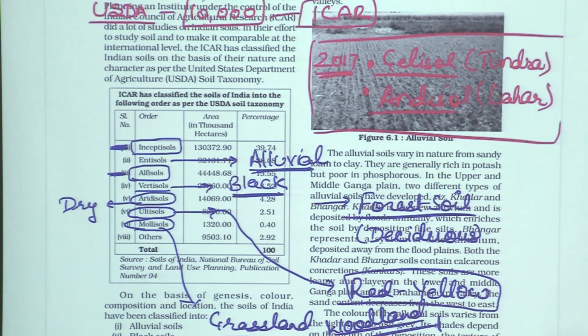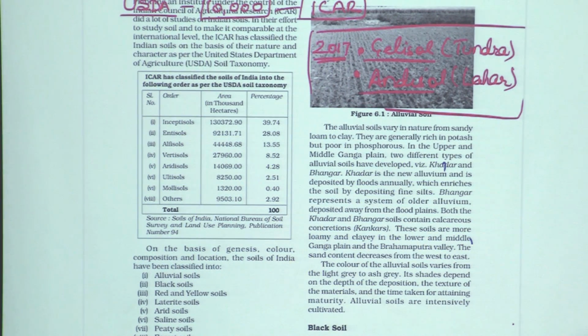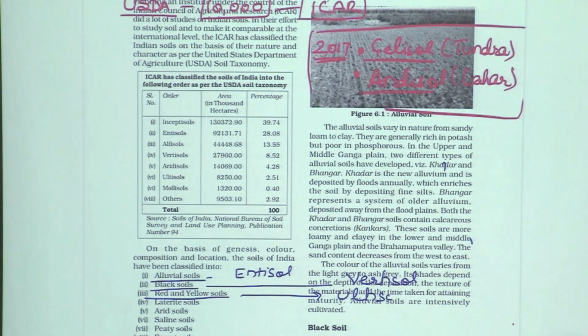And what are the conventional categories of the soil that we take? So they take these two tables together. We are just trying to overlap them. Inceptisol, entisol. So alluvial soil is matched up with entisol. Black soil is matched up with vertisol. So I do have got some overlap that we can apply. Red yellow soil will go with ultisol, to some extent mollisol also.